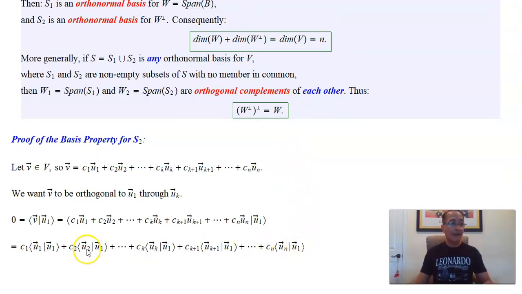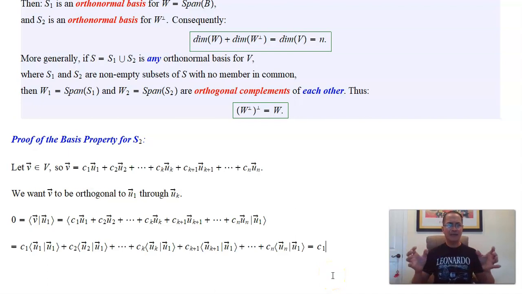So what's going to happen? That's 0, that's 0. All of these are 0, except for this one. So the only survivor, boom, is C1. Oh, look, C1 has to be 0. That might also sound familiar to you.